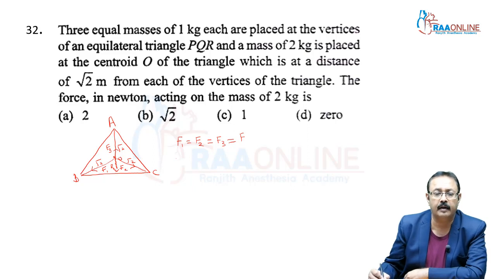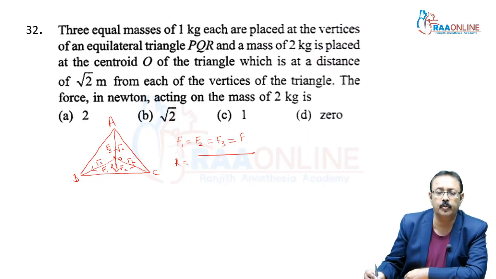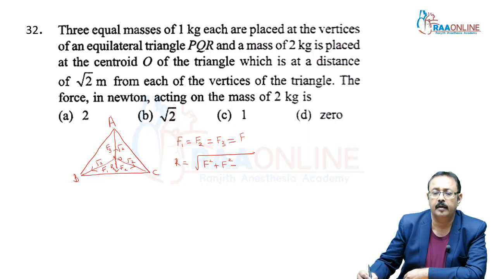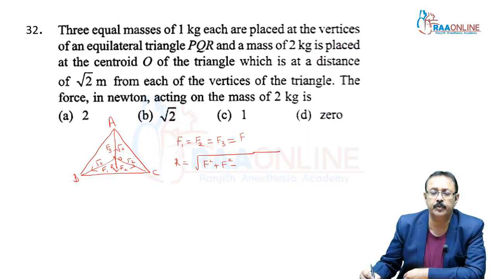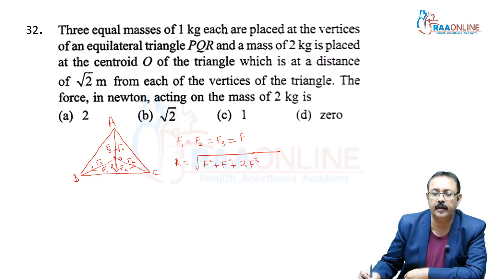What is R? R is under root F1 square plus F2 square plus 2 F1 F2 cos alpha. This angle is 120, so I am writing cos 120 degree. Cos 120 is minus 1 by 2. So what we are getting?